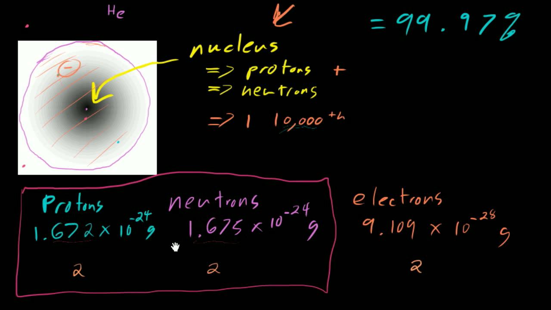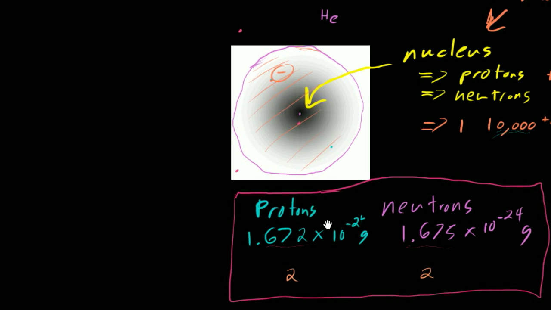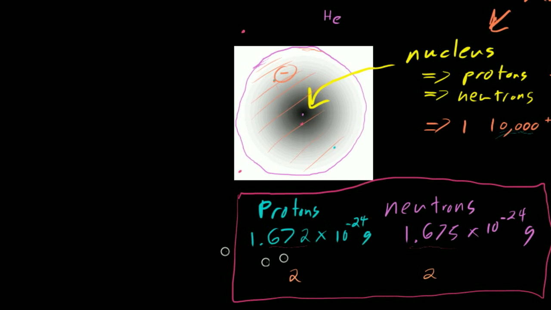Going along with that, we're defining a new unit. Maybe you've heard of it, but the unit we're going to define is the atomic mass unit. In our past example, we had our helium atom, this isotope of helium.